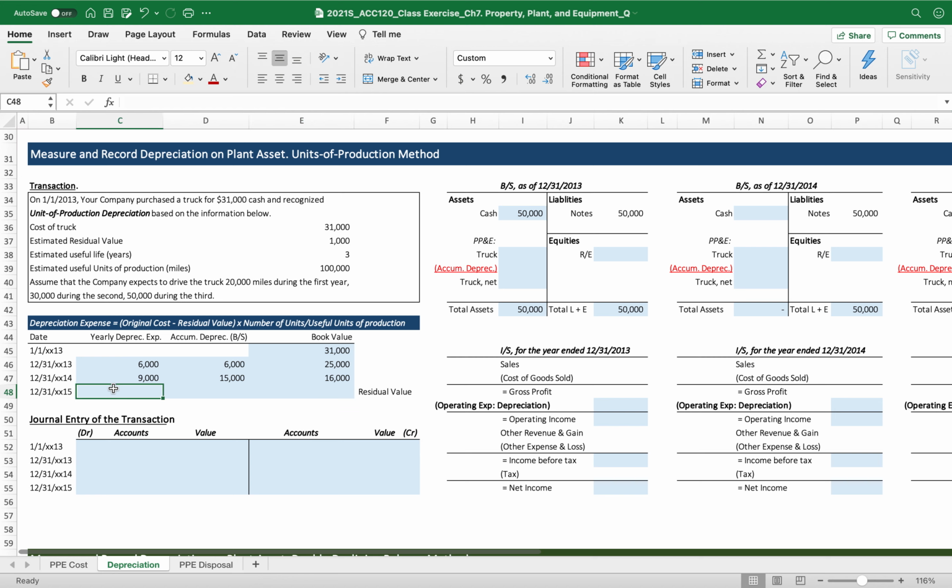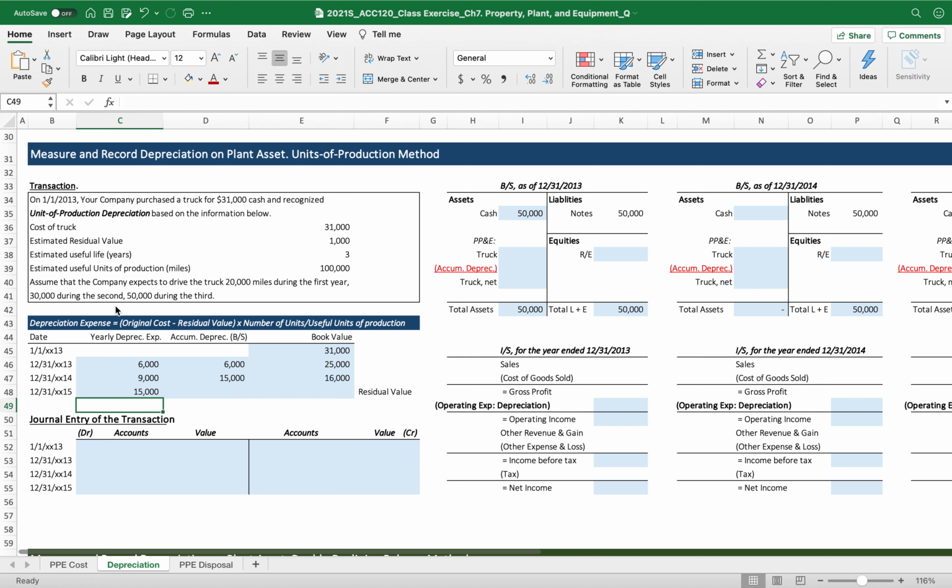Based on the units of production depreciation method, for the final year, the same procedure: 31,000 minus 1,000 is the depreciable cost, where we put the percentage of the usage. So third year, we expect 50,000 miles driven, and 100,000 is the total, so 50%.